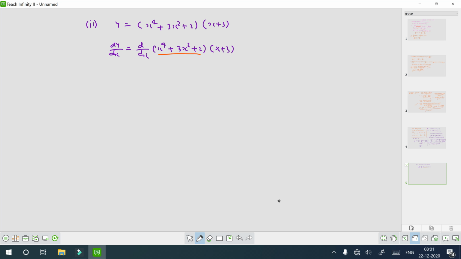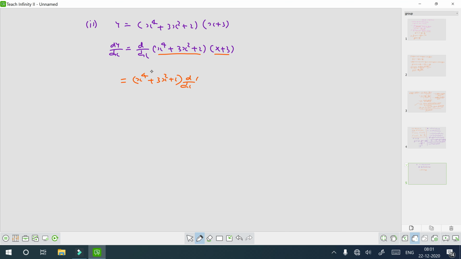This is our u and this is our v. That is equal to u as it is, that is x raised to 4 plus 3x square plus 2 as it is.